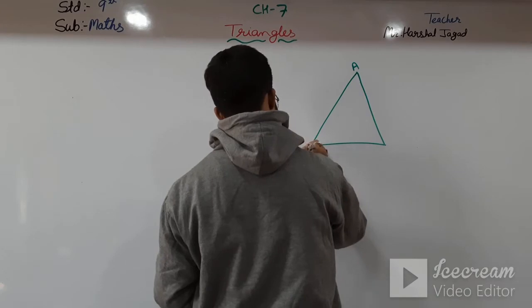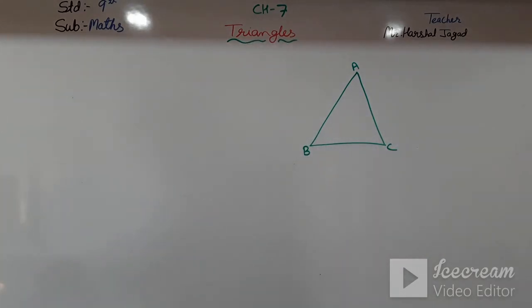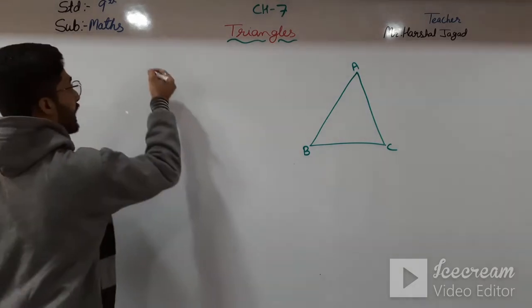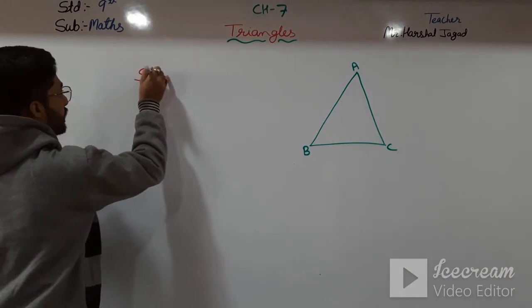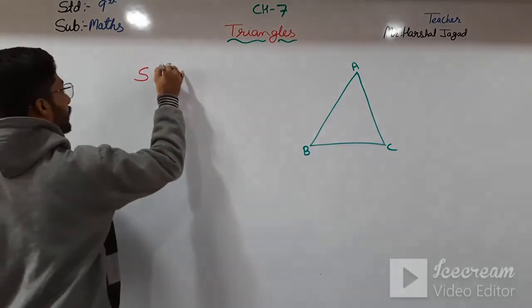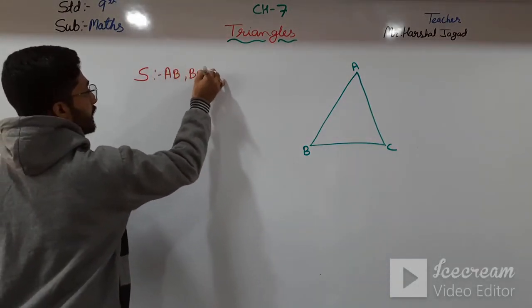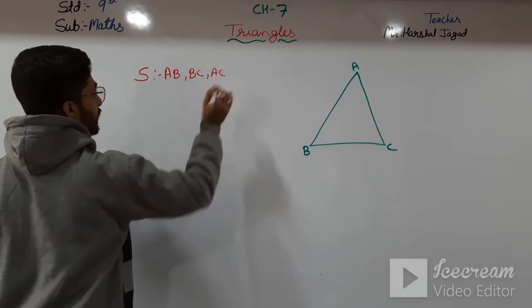A, B, and C. So here first the three sides. I am writing in short only sides. Which three sides are there? That is AB, BC, and AC or CA.